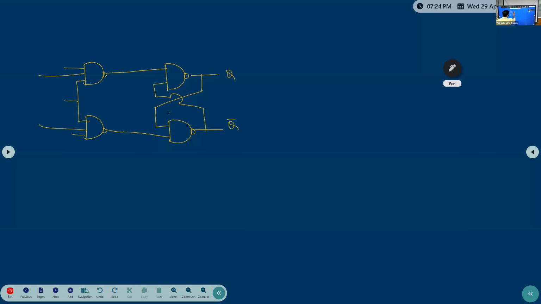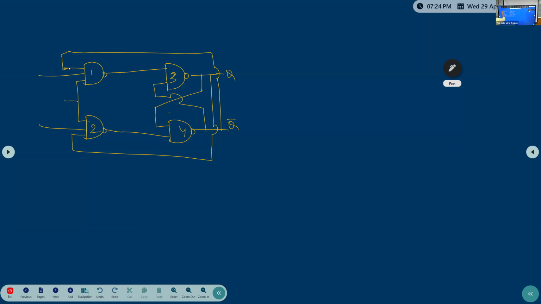Now they take this Q and connect it to the second AND gate, and this Q bar they take and connect to the first AND gate. If you observe, all the other cases will be the same.